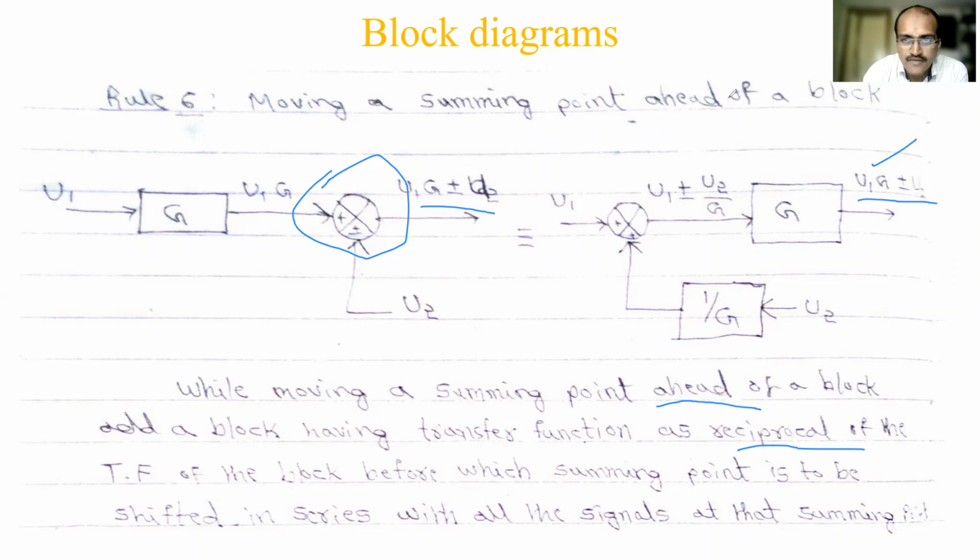The previous rule was moving a summing point after a block. The same transfer function you have added in series. Okay. Now we are moving a summing point ahead of a block. Before the block we have to do it. Then the reciprocal comes. So reciprocal of the same transfer function. In case G2, G3 is there, you have to put 1 by G2, G3 here like that. Okay. So that is the idea.